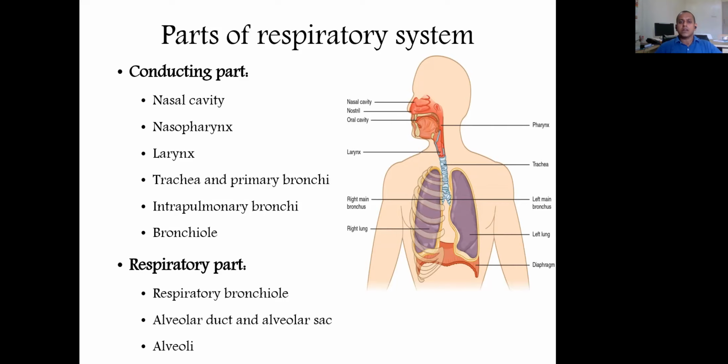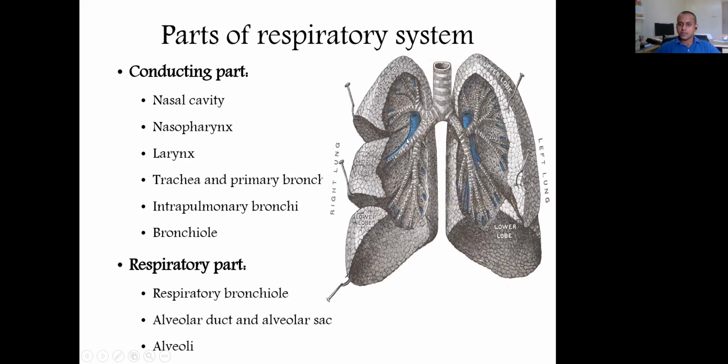So which are the components involved in the conducting part? Let us see. The conducting part does not exchange gases. It only transports the gases inside the system, right? So the conducting part begins right from the nasal cavity, present inside the nose, then continues as the nasopharynx.